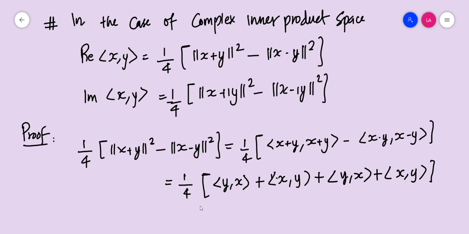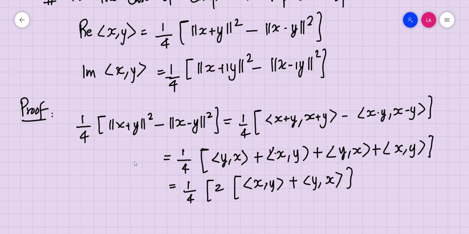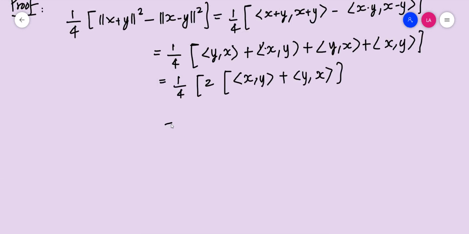So it is 1 by 4 times 2 times inner product xy plus inner product yx. Now we can cancel 2 and 4, so we get 1 by 2 times inner product xy plus inner product yx.